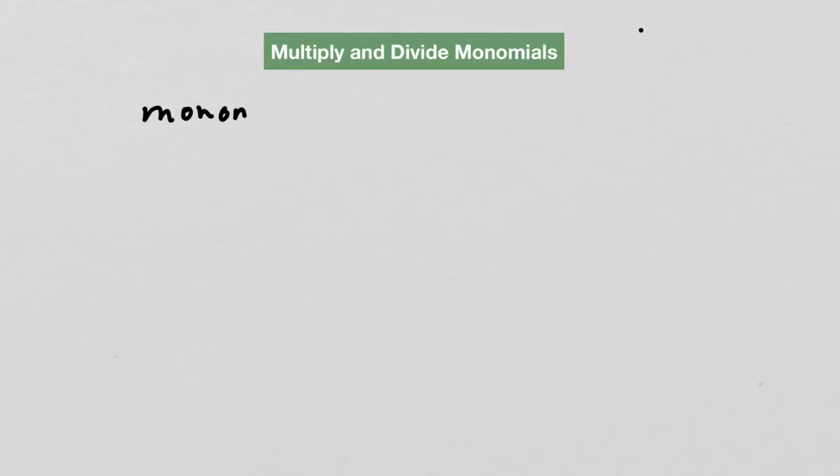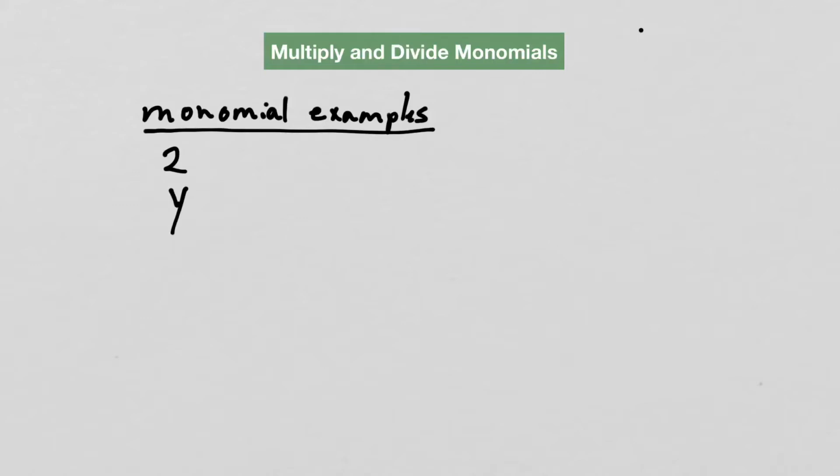Let me write this down. Monomial, examples. The number 2 is a monomial. The letter y, or the variable, is a monomial. 3 to the 4th power is a monomial. 6y is also a monomial.